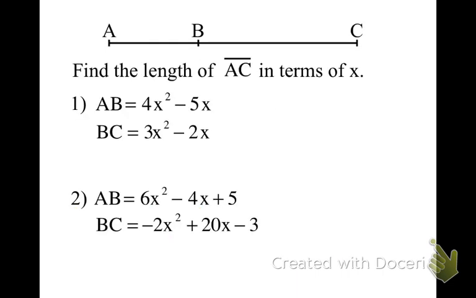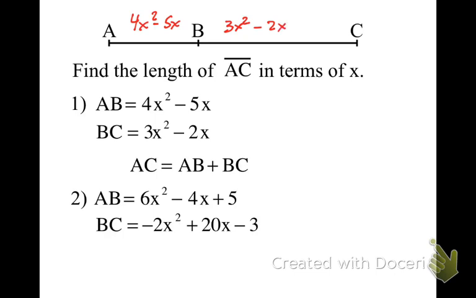Now, if we're looking for the measurement of AC in terms of x, we're going to do section AB is 4x squared minus 5x, and BC is 3x squared minus 2x.